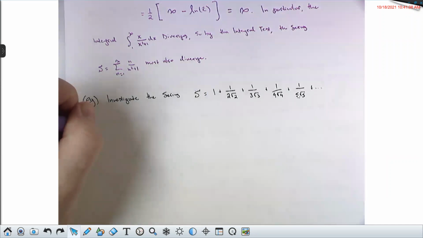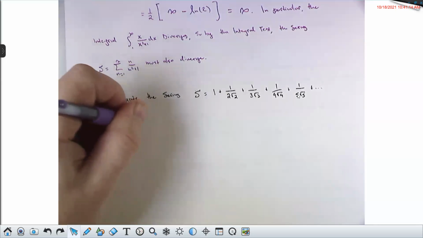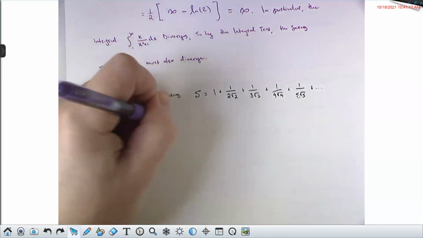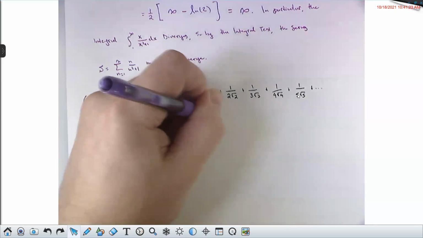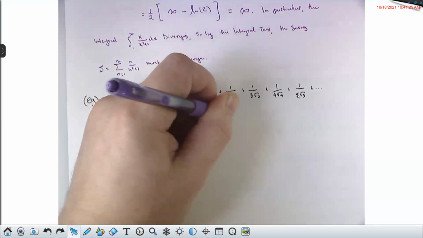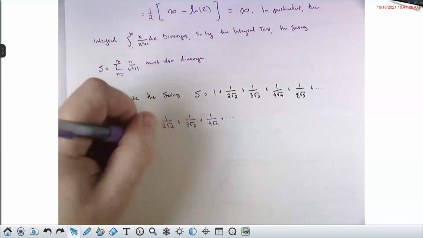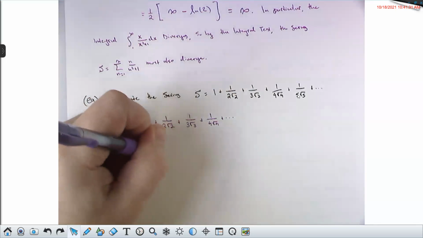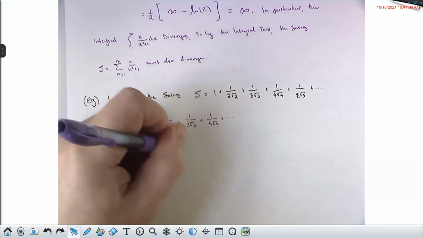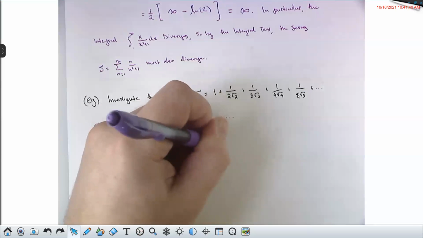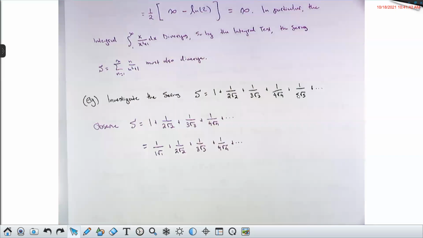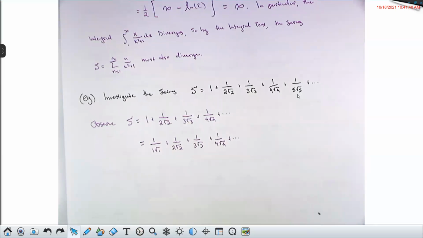So first, observe that S equals 1 plus 1 over 2 root 2 plus 1 over 3 root 3 plus 1 over 4 root 4 and so on, is equal to 1 over 1 root 1 plus 1 over 2 root 2 plus 1 over 3 root 3 plus 1 over 4 root 4 and so on. This first term fits into the pattern that the rest of them fit into. It's just that 1 times the square root of 1 is 1.